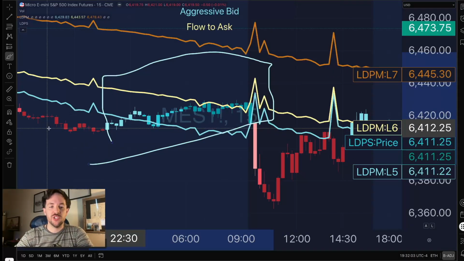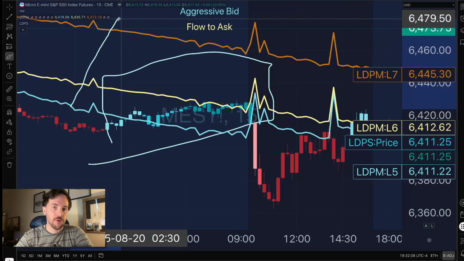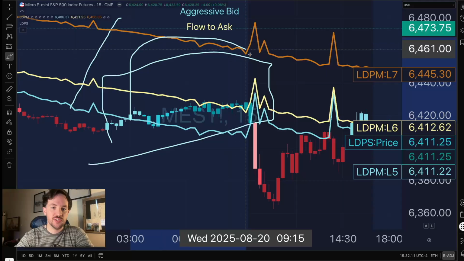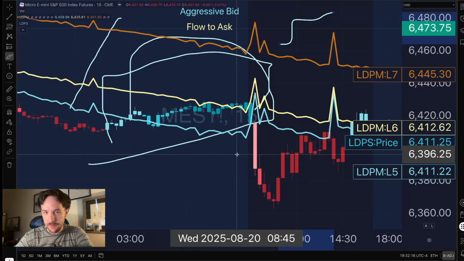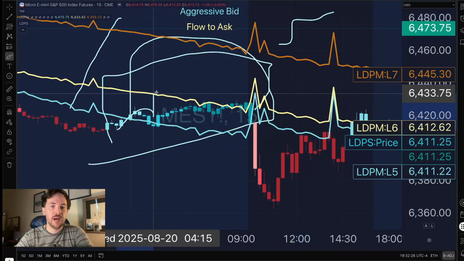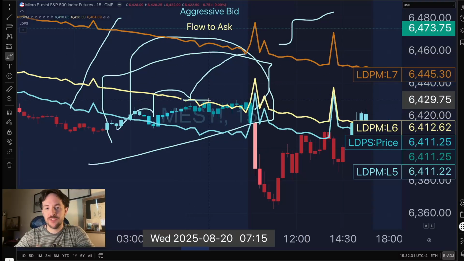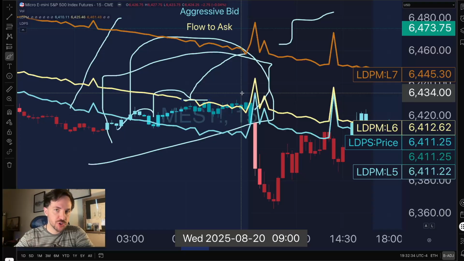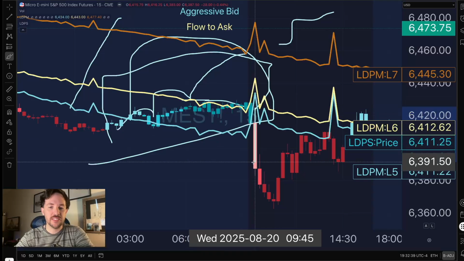So in short, if LDPM is bearish but LDPS starts printing bullish candles, the expectation is that this is a bull trap. That means price is still going to bounce up as expected, but every time we get to that resistance, there's a much greater chance, even if LDPS is looking healthy, that the price is going to revert.